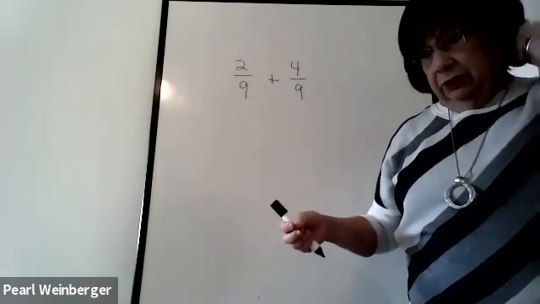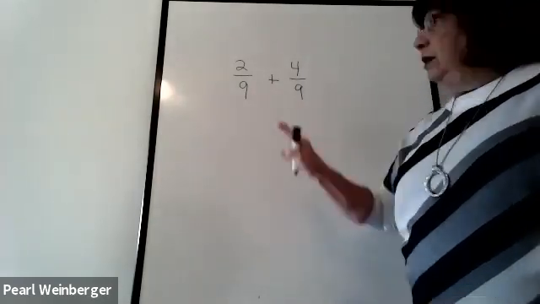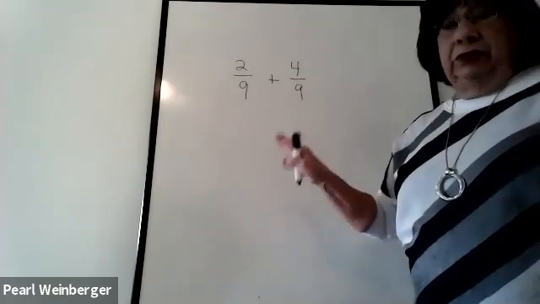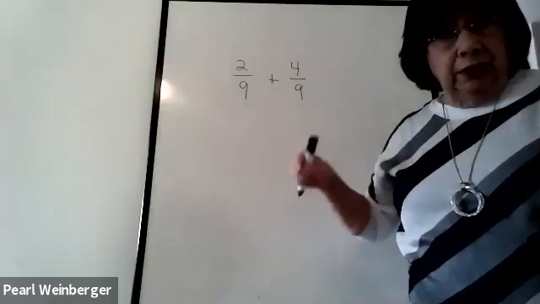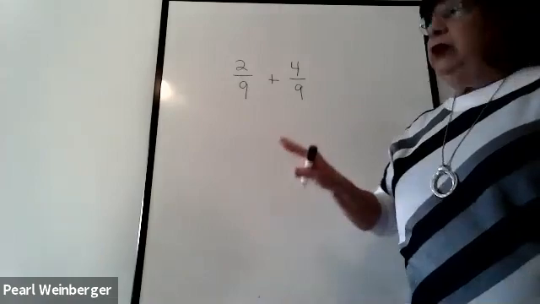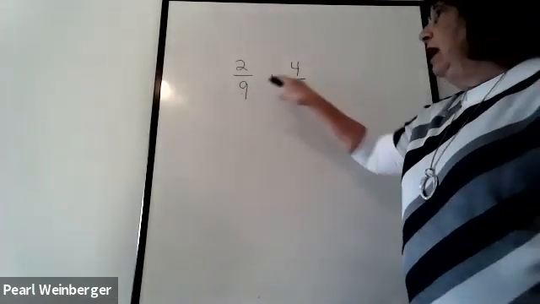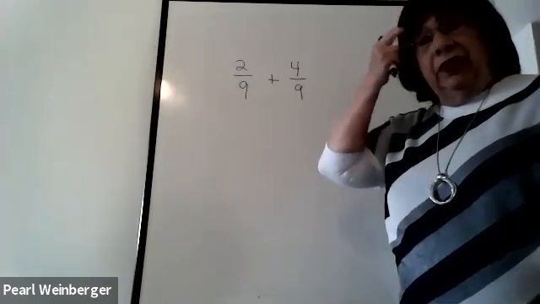They're the same denominator. What you do is, when you're adding or subtracting fractions, you don't do any canceling out of numerators with denominators. That's only left for the end. What you do is you make sure you have a common denominator, the same denominator for both fractions.